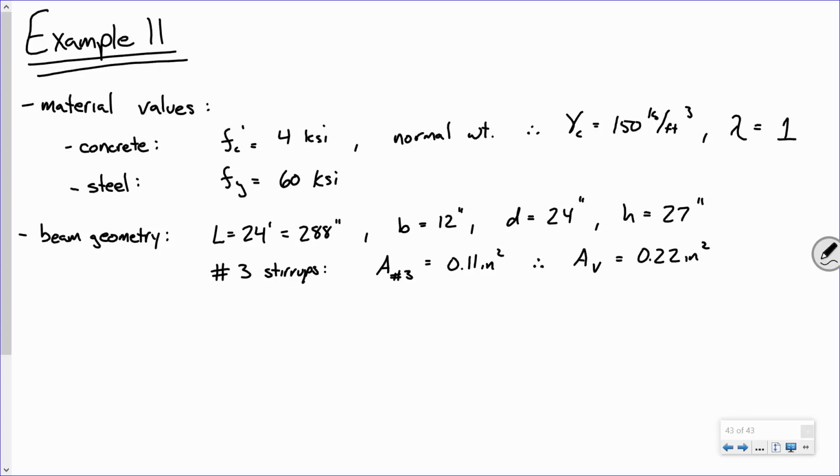So far, so good? All right. And then our loads. We don't know what the self-weight is. We're going to have to compute that. We know that dead load is 1.5, is it, kips per foot?